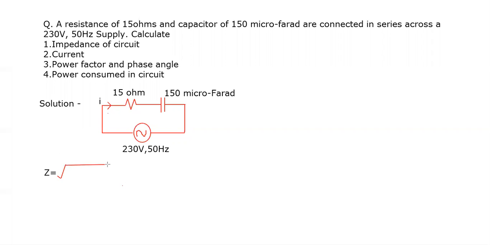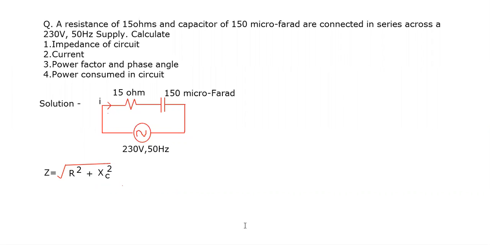But here there is no inductor, so it will be R square plus XC square. Okay.